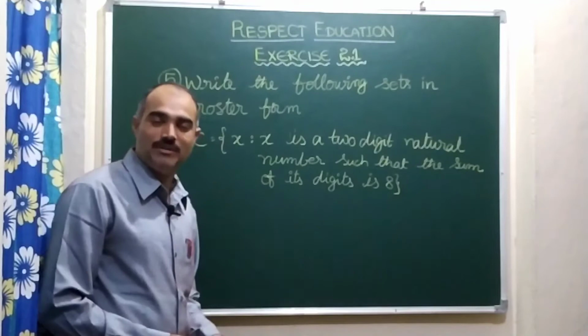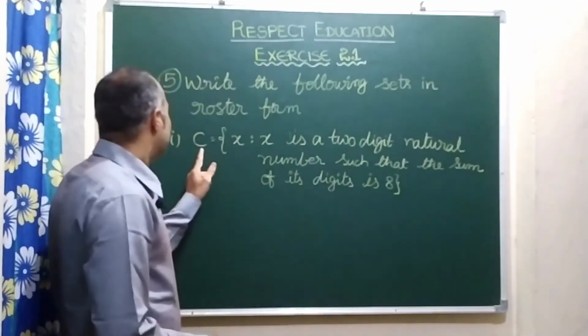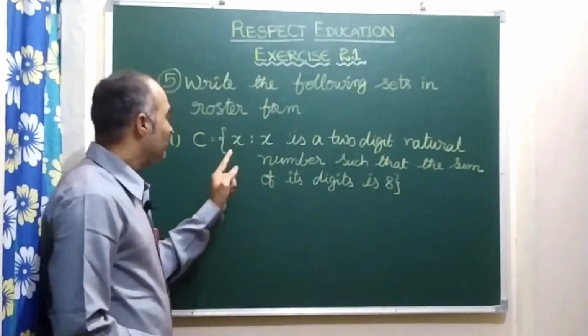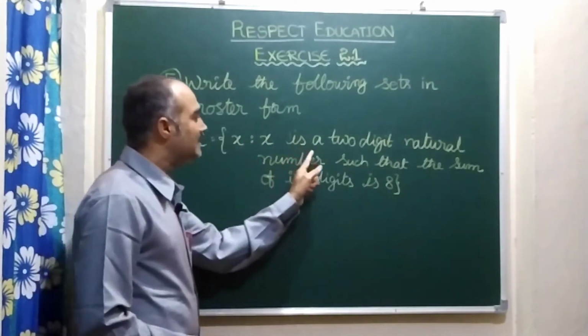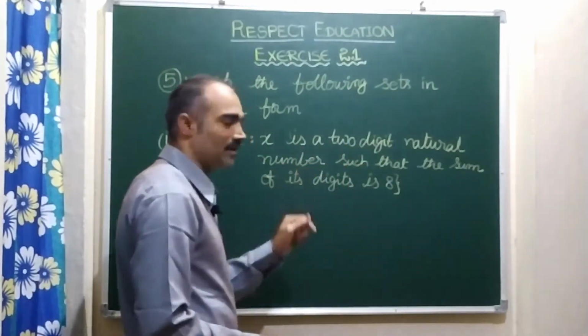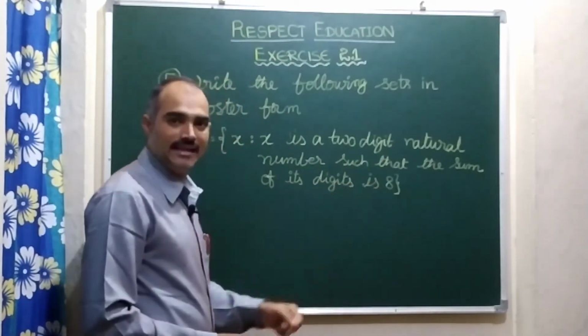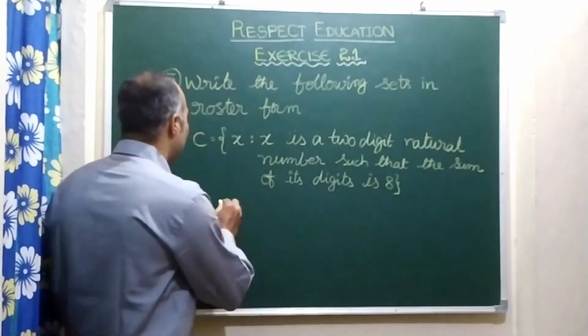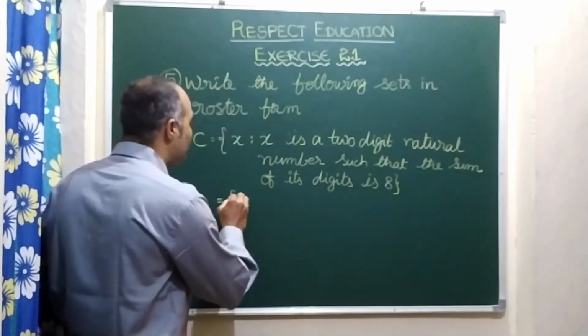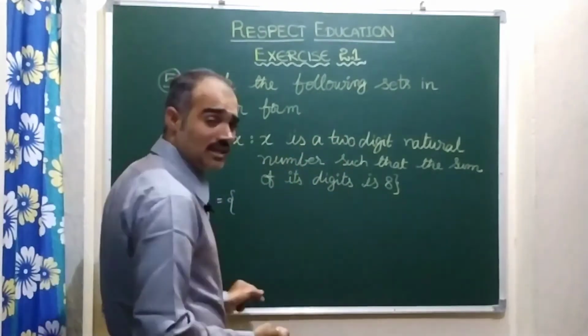Now let us see next bit, that is second bit. C equal to the set of x such that x is a 2-digit natural number such that the sum of its digits is 8. So here we need to write the set of 2-digit natural numbers.